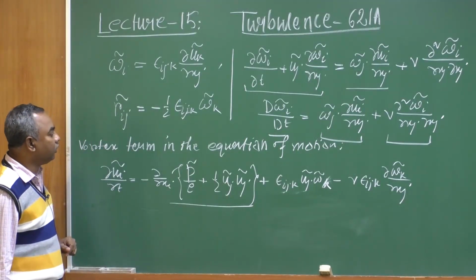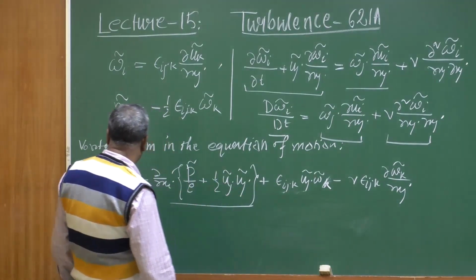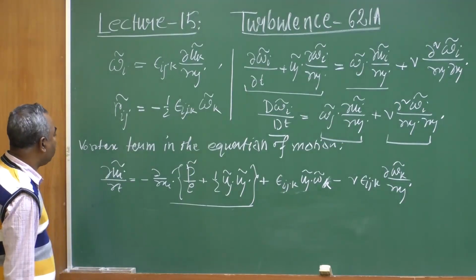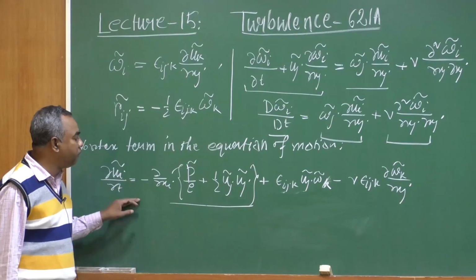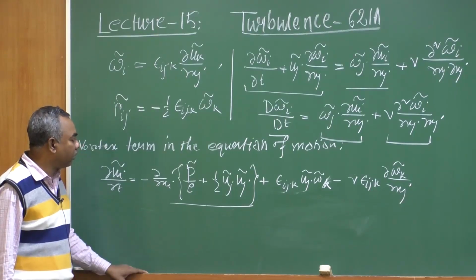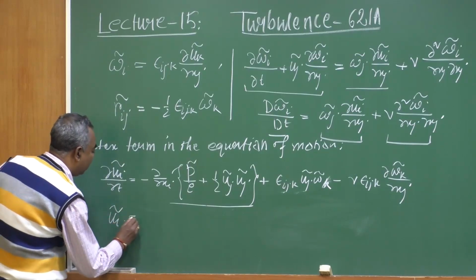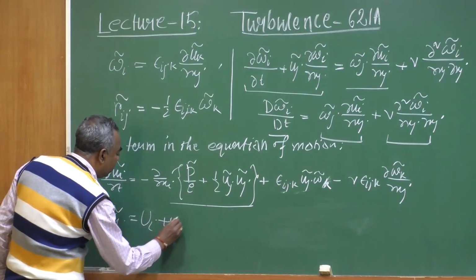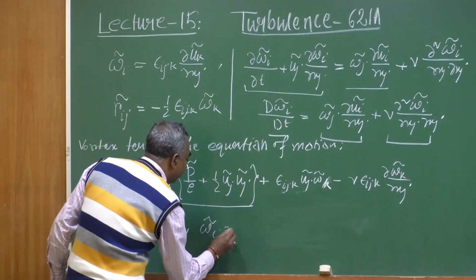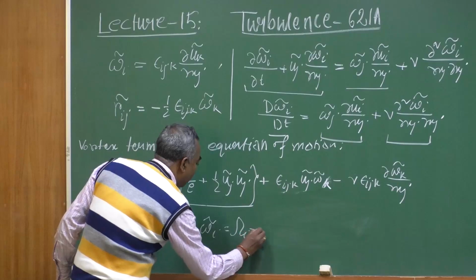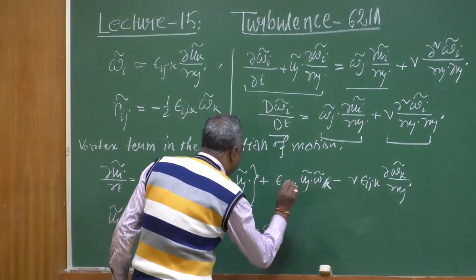Okay. So, all right, we have discussed this equation till this point in the last class. So, today we are going to consider this particular equation for a turbulent flow. If we would like to consider this equation for a turbulent flow with the decomposition of u_i as U_i plus small u_i, just like our previous case, and omega_i tilde we can write as capital Omega_i, which is our mean vorticity, plus small omega_i.